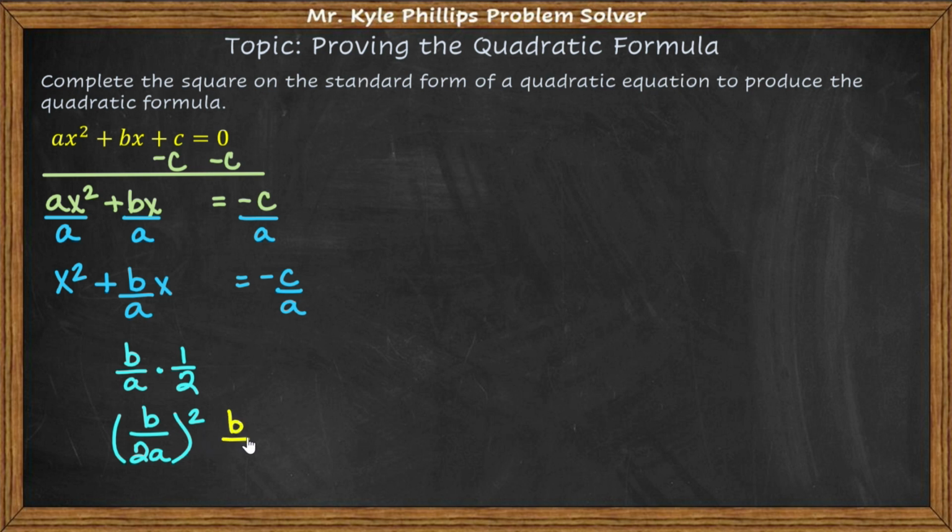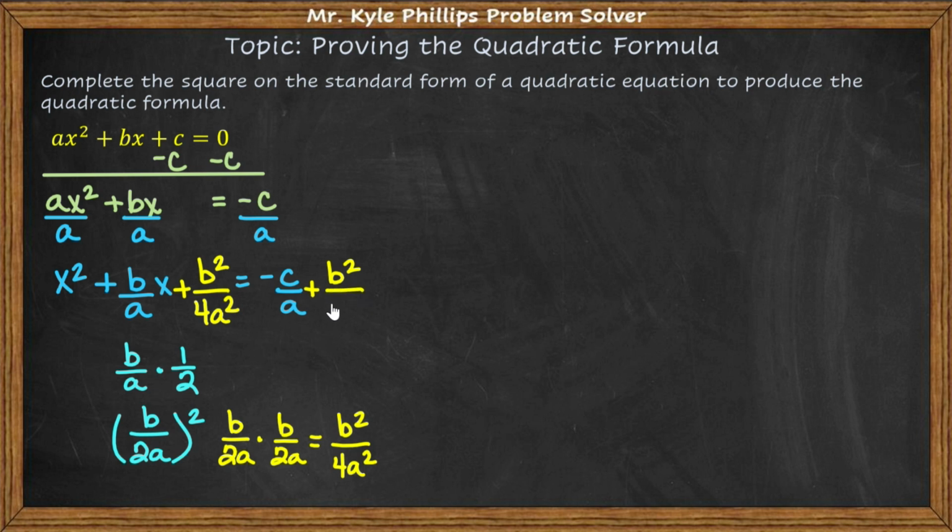So this is the same thing as b over 2a times b over 2a. b times b is going to give us b squared. 2a times 2a is 4a squared. This is what I'm going to add to both sides. So now I have plus b squared over 4a squared on both sides.